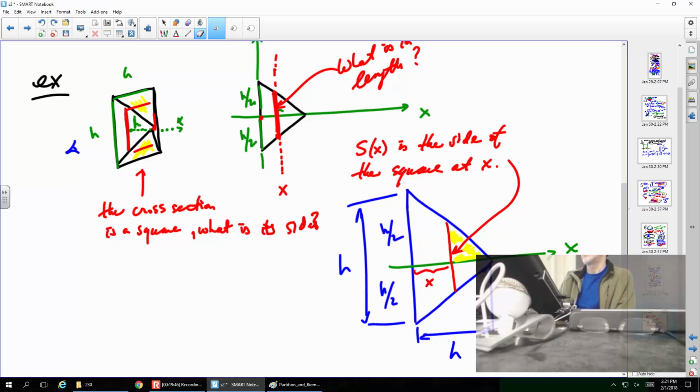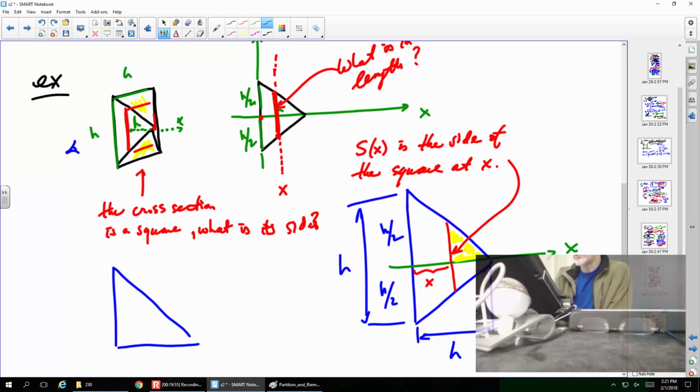Okay, so let me blow that up again. The triangle is the yellow triangle. Okay, so what is its bottom side? h minus x, okay, h minus x is the bottom side.